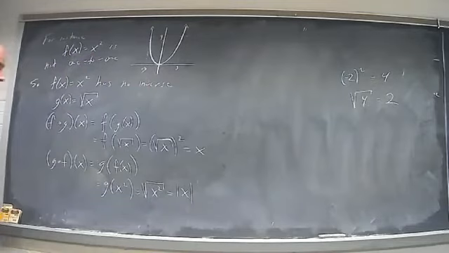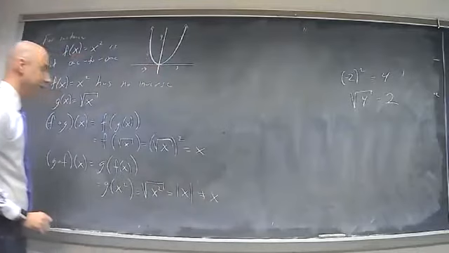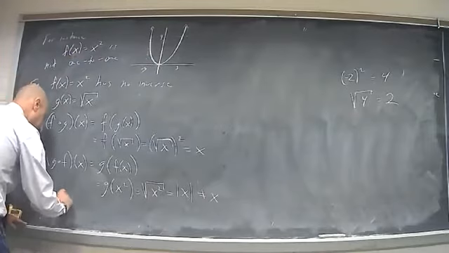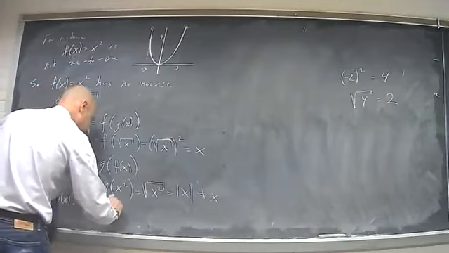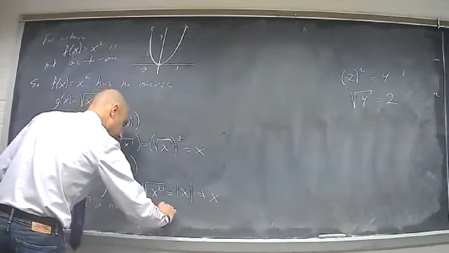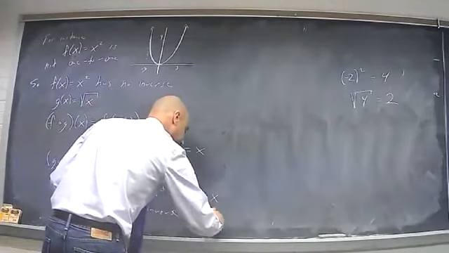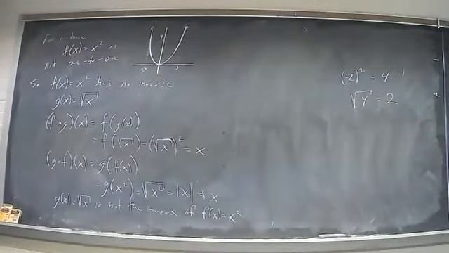So it's not necessarily the original number. So g of x equals the square root of x is not the inverse of f of x equals x squared. In fact, f of x equals x squared has no inverse.